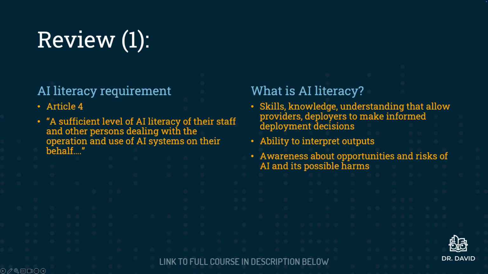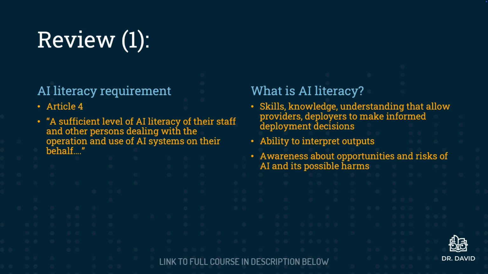In this lecture, we have gone over the AI literacy requirement as stated in Article 4 of the EU AI Act. The Act requires a sufficient level of AI literacy of their staff, that is of deployers and providers, and other persons dealing with the operation and use of AI systems on their behalf.